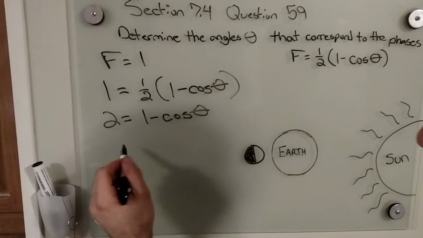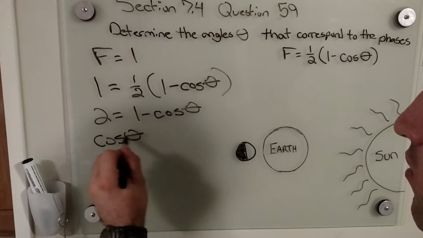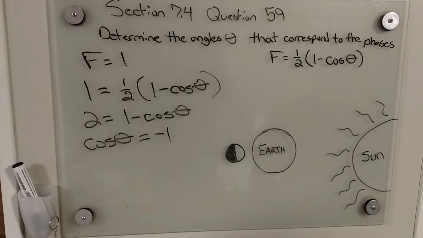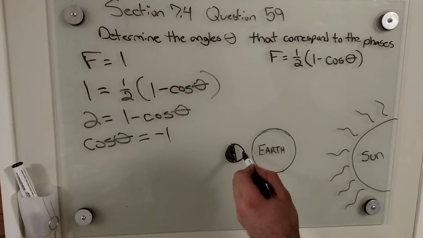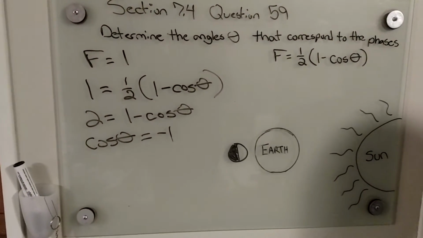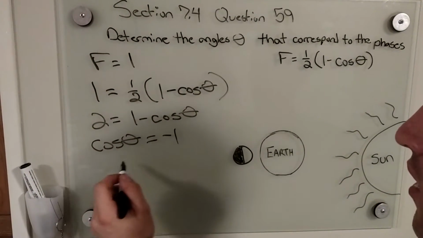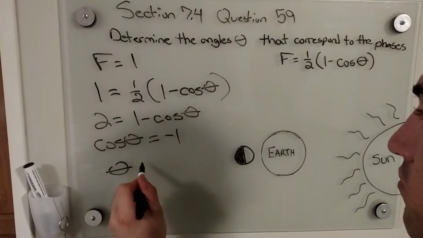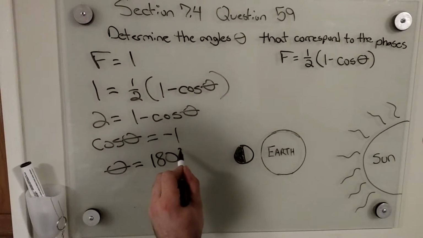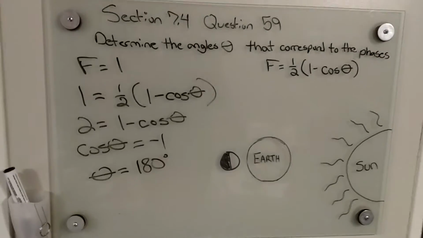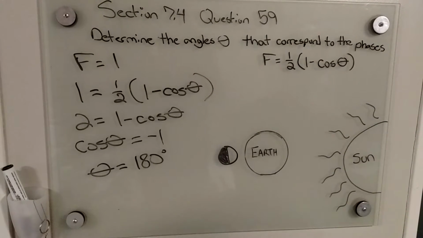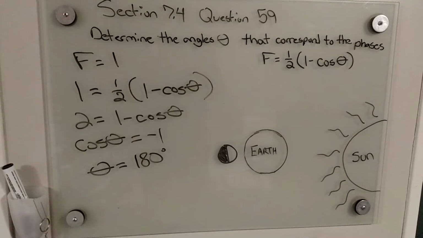Add cosine theta, subtract 2. You get cosine theta is equal to -1. And when we have cosine theta equal to -1, again looking at the unit circle, we know that that is the value of just pi, and that is actually when theta does not have two separate degrees here. You're just going to have theta is equal to 180 degrees. And that's the value of the full moon right there. It's just 180 degrees. It doesn't have two separate angles.